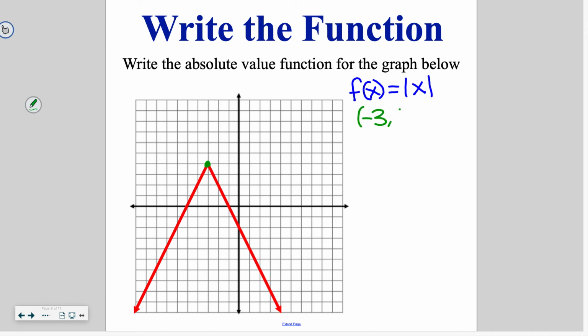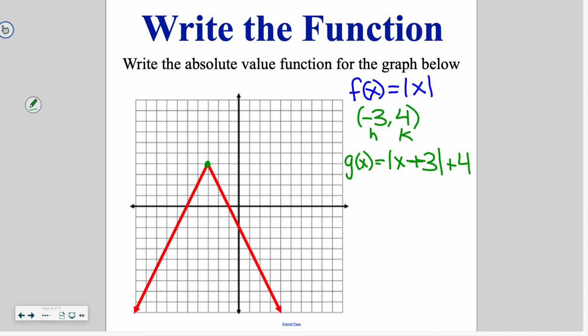So -3, +4. We're going to plug those values in for our h and for our k. So those tell us 2 of the pieces that we have. So as we are rewriting this function, that would mean we've got g of x is equal to the absolute value of x minus -3, which turns into +3, and then +4 outside of that absolute value for that k part.